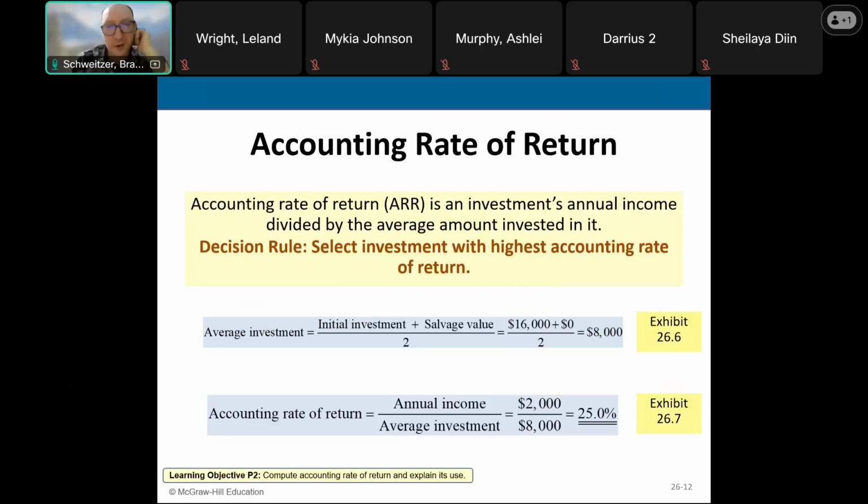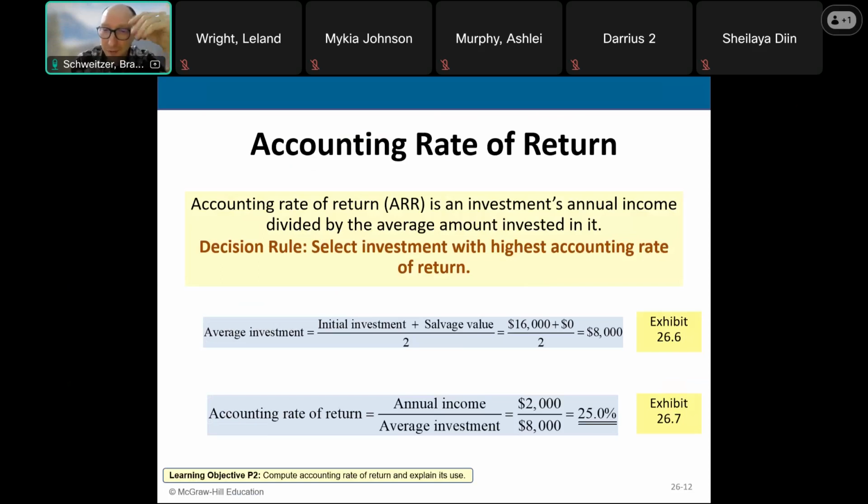So we calculate this in 2 steps. The first step is I got to figure out what is the average investment. And there's that word again, average, right? So we take average would be beginning balance plus ending balance divided by 2. In this case, we're taking the initial investment, 16,000, plus the salvage value, ending balance.